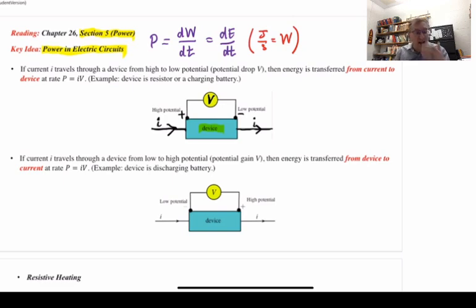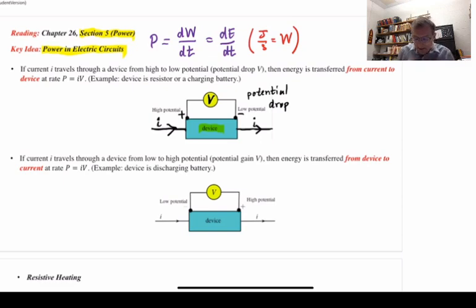To say it another way, as the current flows through the device from left to right, the potential drops. Okay? This is a potential drop. Because the potential is less at the right end than it is at the left end. The potential is less at the end where the current comes out compared to the end where the current goes in.